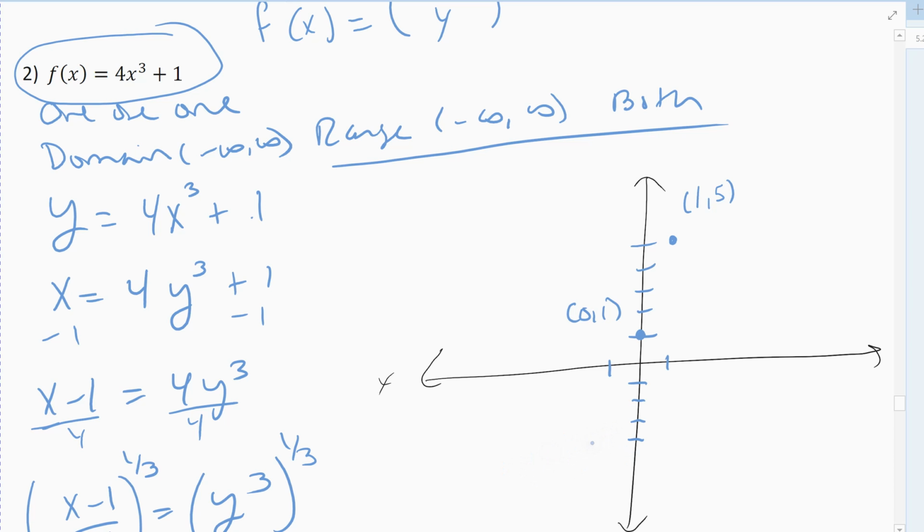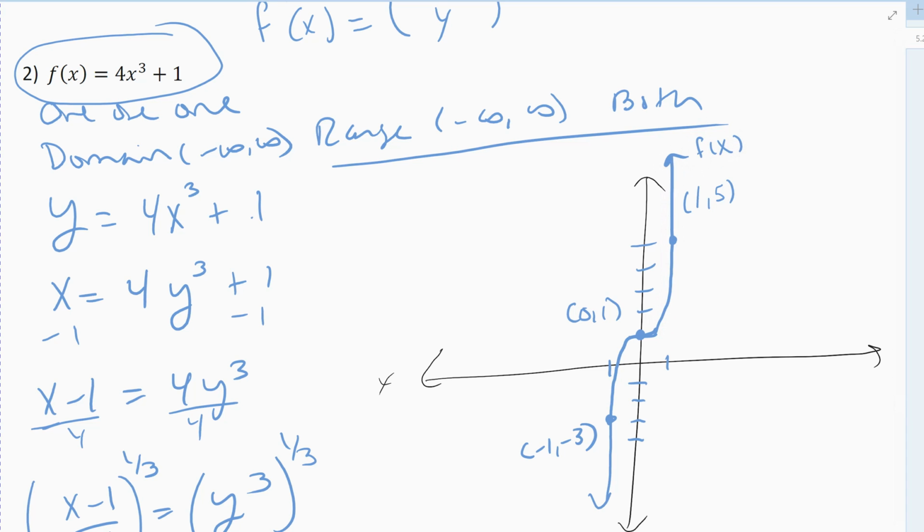Alright, so I plug in negative 1, I get negative 4, plus 1, which puts me down at negative 3. So make sure I got the right point. Negative 1, negative 3 would be the right point. Alright, so now my shape. So again, it's got this S shape, if you look on your calculator. So it's coming up fairly fast. It's got a flattening out shape here, and then it shoots up there pretty fast. Right, there's my original.